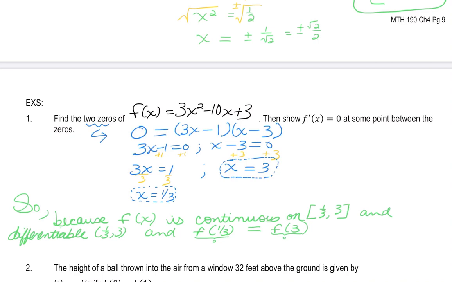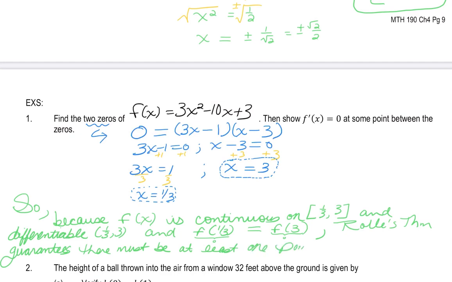So because our three conditions are met, continuity on the closed interval, differentiability on the open, and f of the endpoints are equal, what we know is that Rolle's theorem guarantees that there must be at least one point in this interval from 1/3 to 3 where f prime is equal to 0.